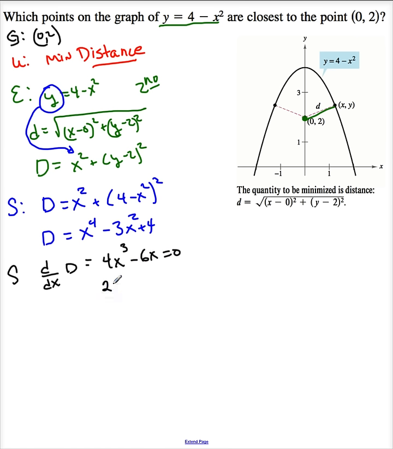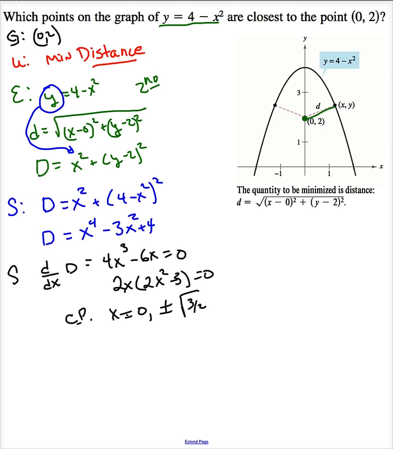So when we factor, it's 2x times 2x squared minus 3 equals 0. So what are my critical points? x equals 0 and plus or minus the square root of 3 over 2.